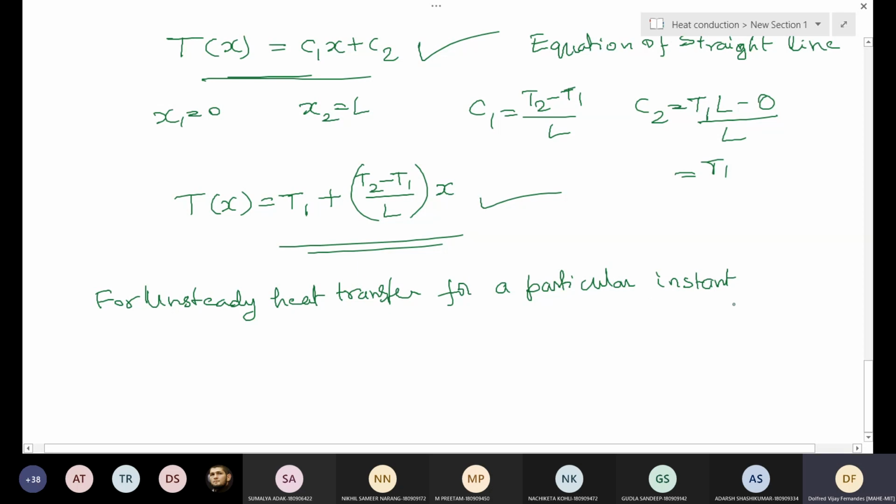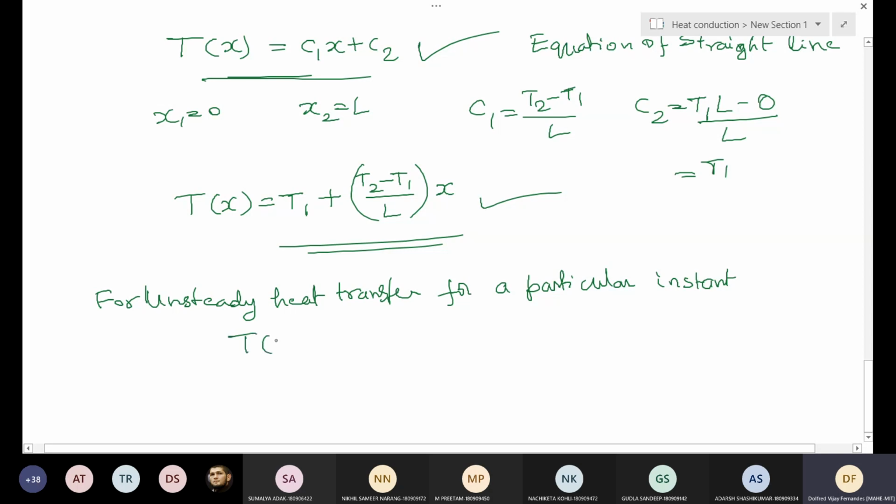We can know the temperature profile by putting many thermocouples inside the wall and measuring the temperature distribution, and we can have a profile for the temperature. It may be a quadratic profile, or it can be an exponential profile, whatever.